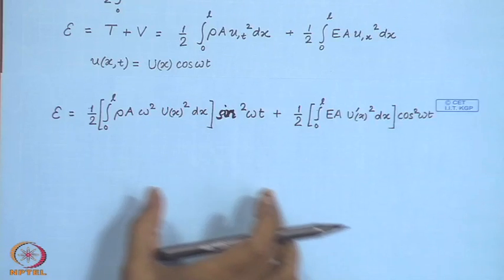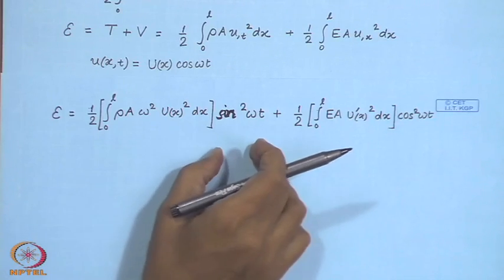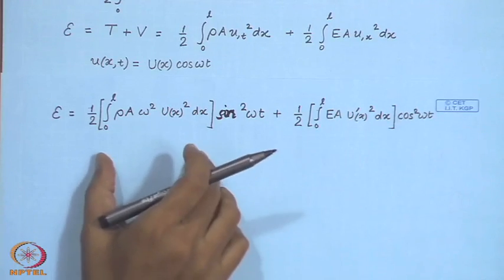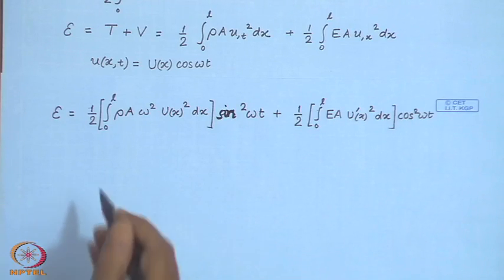and this is possible only when the coefficients of sin square omega t and cos square omega t are the same.